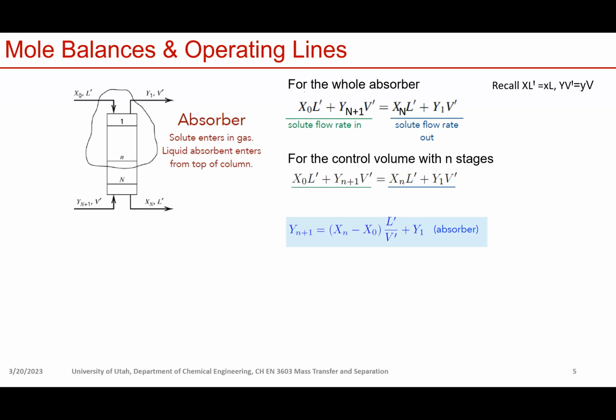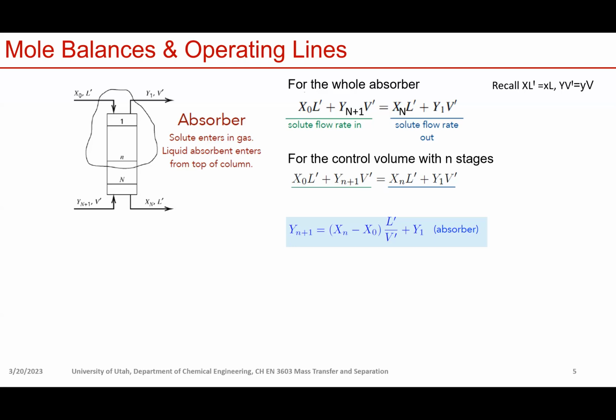Now if you look closely, we can divide by V prime on the right, so we have y n plus 1. Then you move y1 to the right, and you get this equation.